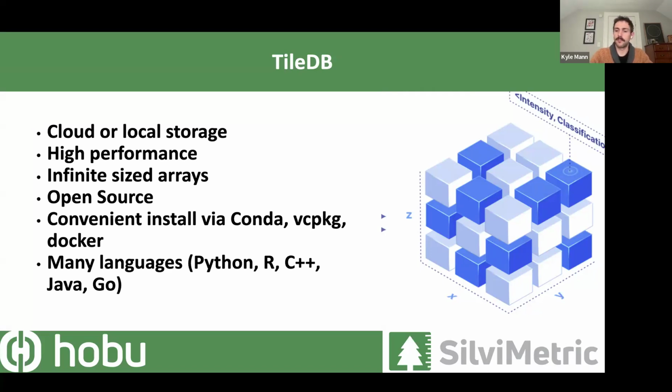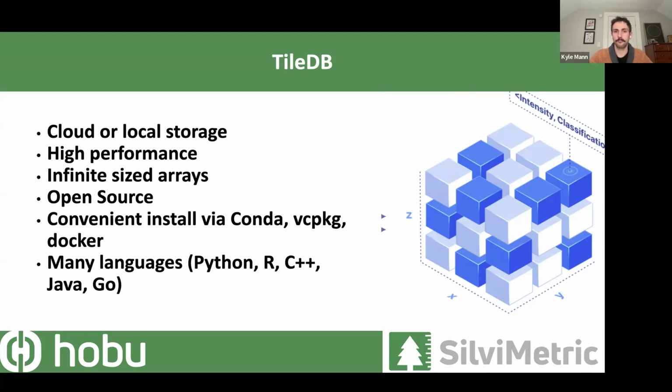There's a lot of filters available, including gzip filters, Zstandard filters, and quite a few others that allow for compression and speed optimization. TileDB also has infinite sized arrays, so we can theoretically create as big of an array as we want, which is useful for these kinds of tasks where we may not know immediately how big we want to make our array.